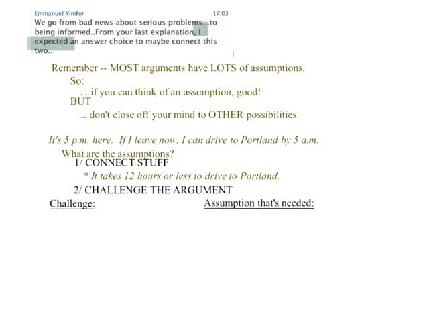So one challenge that you can make here is, what if there's lots of traffic? Or there's an unusual amount of traffic? Well, you have to assume there won't be an unusual amount of traffic.